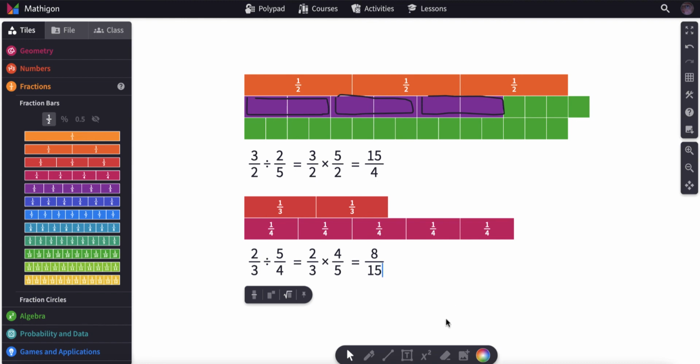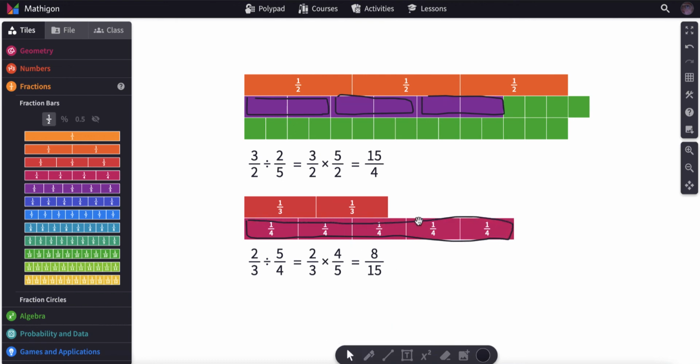So we're asking ourselves, how many of these pieces fit into here? So you can see right away that it's not even a whole piece. We're going to still highlight this as the piece that we're trying to fit into the 2/3.